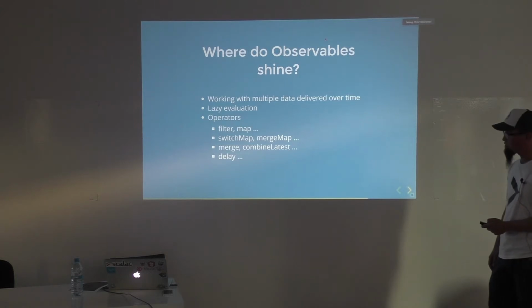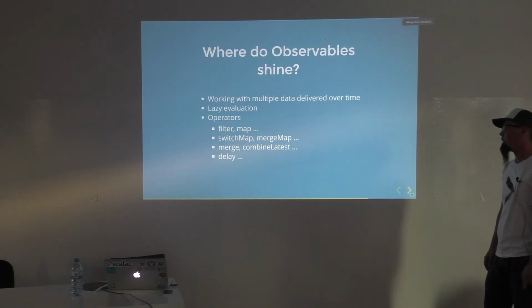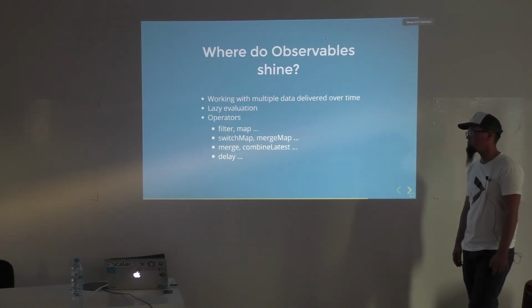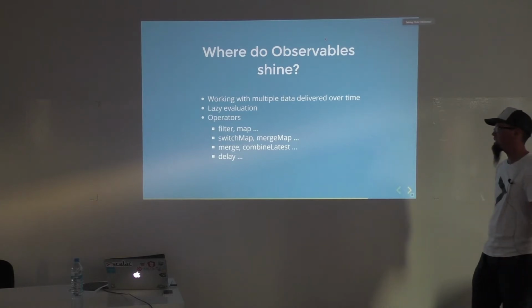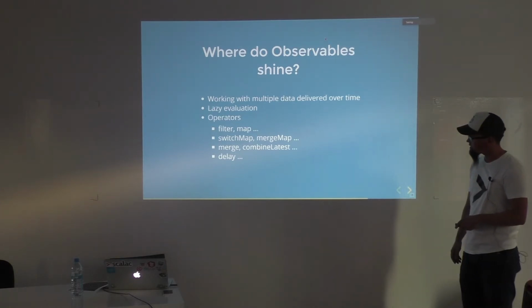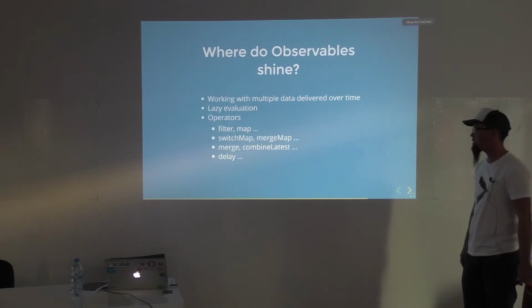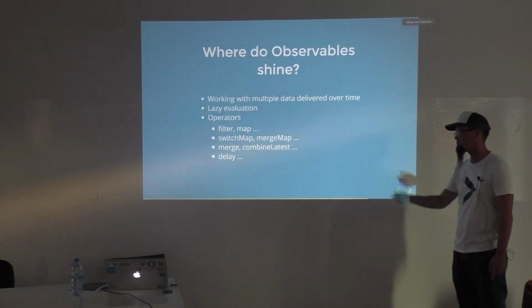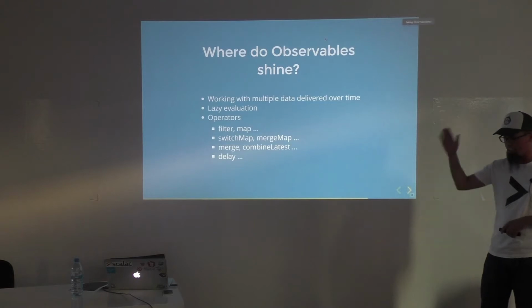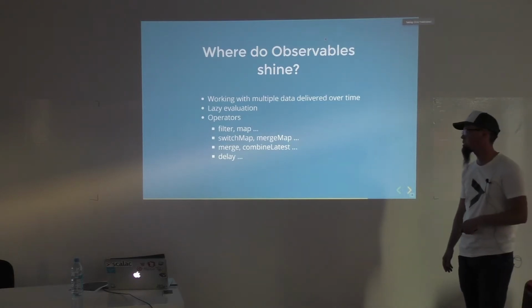And here is a number of other ones. Filter and map we can also find on arrays, so they are, let's say, less intimidating at first. And the others are also really helpful. I listed only the ones that I use the most, because there are 100 operators if you look at the docs.